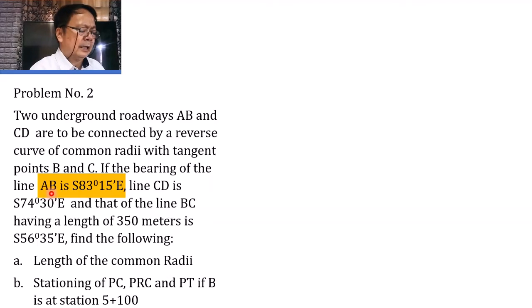There is a given direction of the first tangent AB, which is south 83 degrees 15 minutes east. So if we are going to show that direction, let us imagine that somewhere here is our point A. From A, we draw our direction, and indicate where AB is directed, considering that it is directed south 83 degrees 15 minutes east, therefore it will be directed somewhere in this direction.